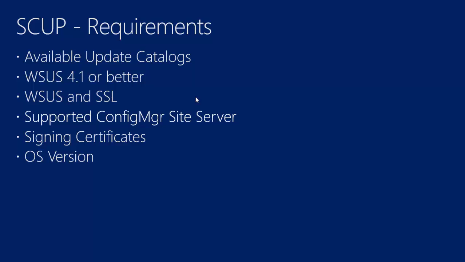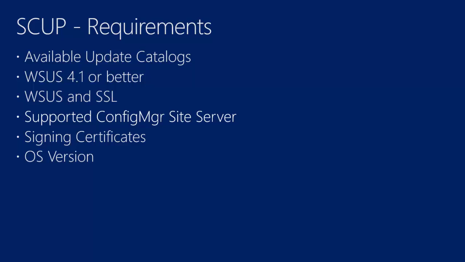So this one's interesting because if you do have a remote installation of SCUP, right? In order for SCUP to be able to publish its content into WSUS, the WSUS APIs require that that instance of SCUP be running on the same version of OS as is WSUS.